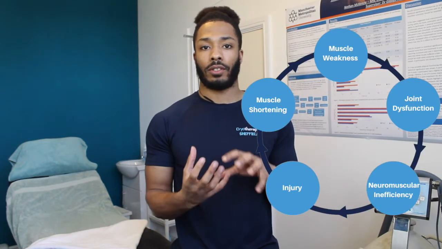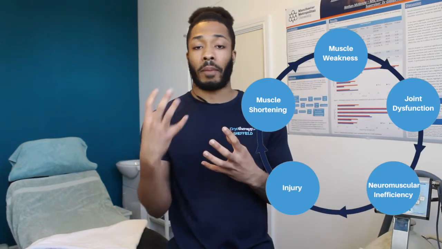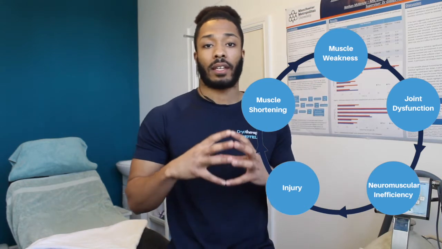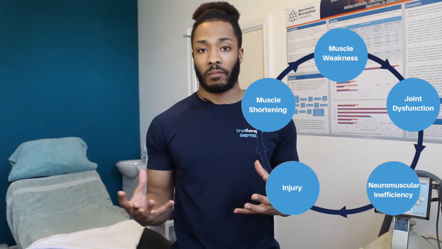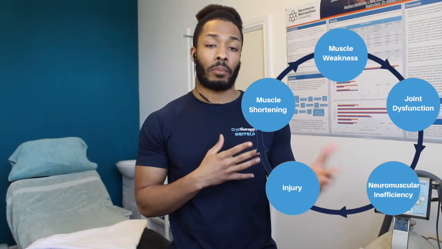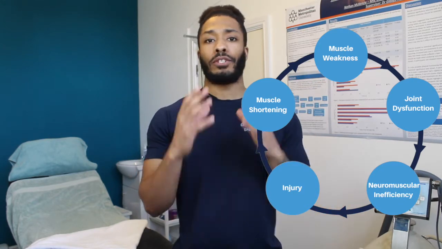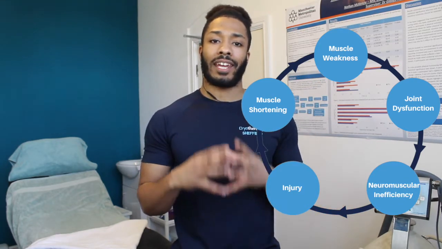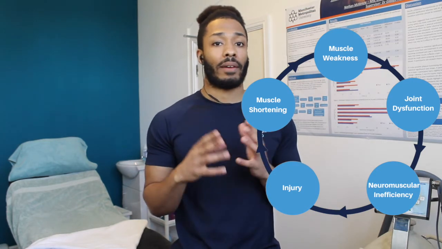An imbalance could literally start from a muscle shortening. If a muscle shortens somewhere, for many reasons, such as a muscle becoming lengthened or a pre-existing injury, that shortening can create a muscle weakness somewhere in the body.